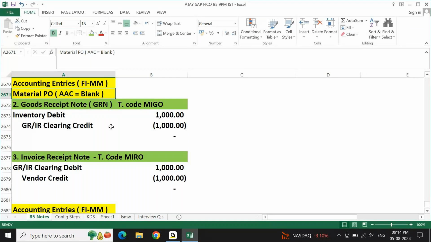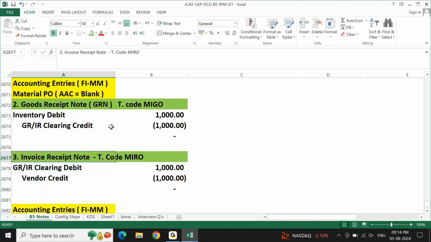The logic is account assignment category for all the material purchase orders will be blank, and the accounting entry will be inventory account debit, GRIR account credit. Similarly, at the time of invoice booking, GRIR account debit, vendor account credit.